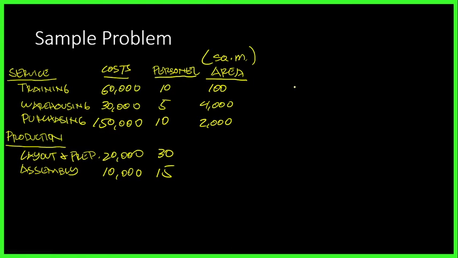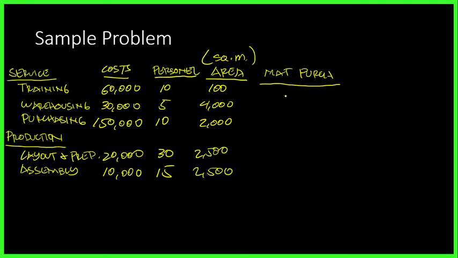And then, for purchasing, let's assume that the cost is being allocated based on materials purchased. Let's make something up. Let's say we have 2,500, so they're equal.